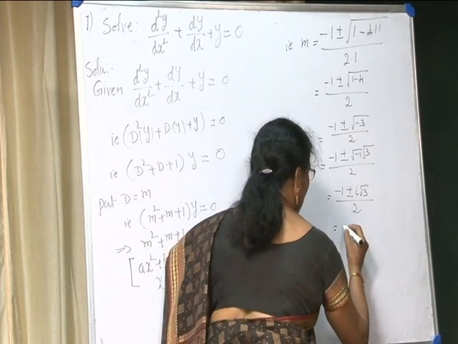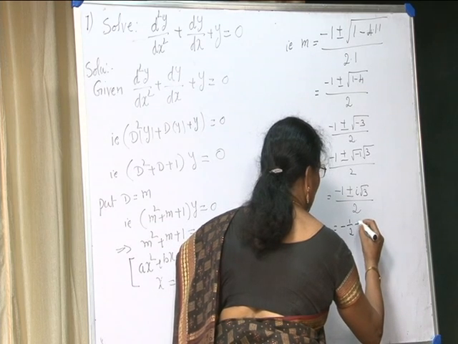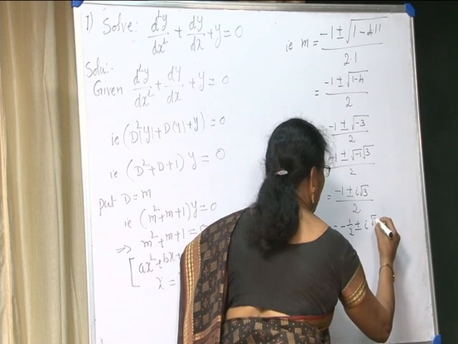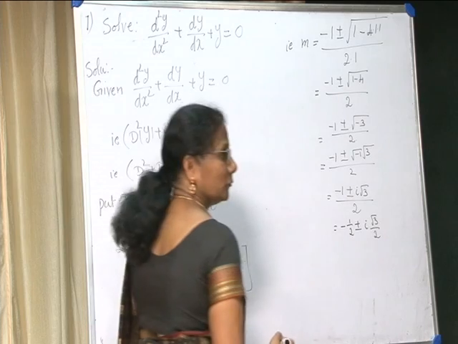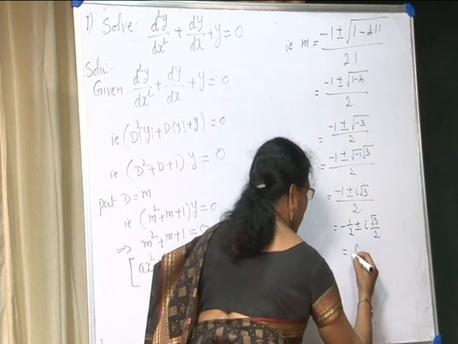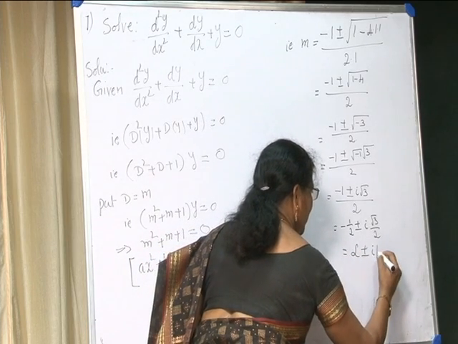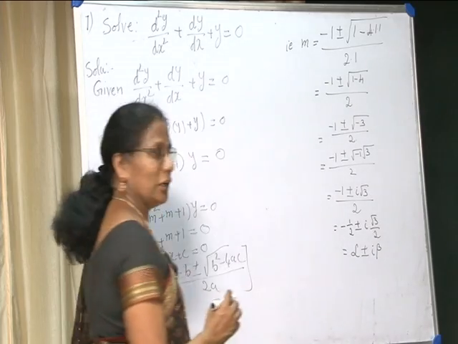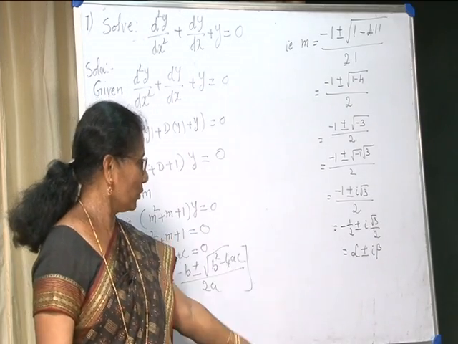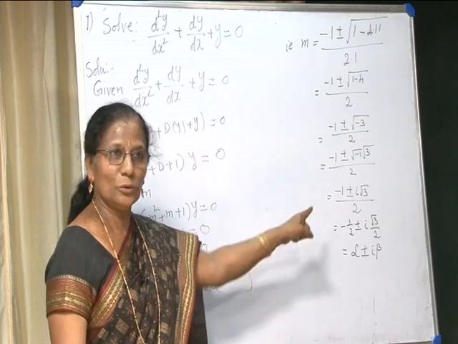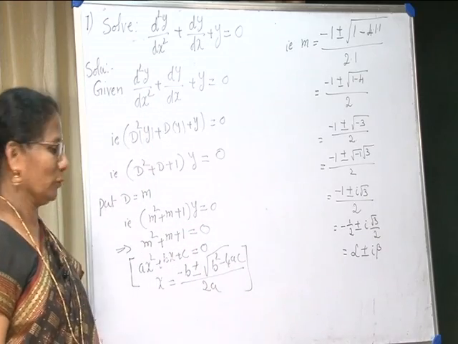This is minus 1 by 2 plus or minus i root 3 by 2. So, this is in the form of alpha plus or minus i beta. Alpha value is equal to minus 1 by 2, beta value is equal to root 3 by 2.